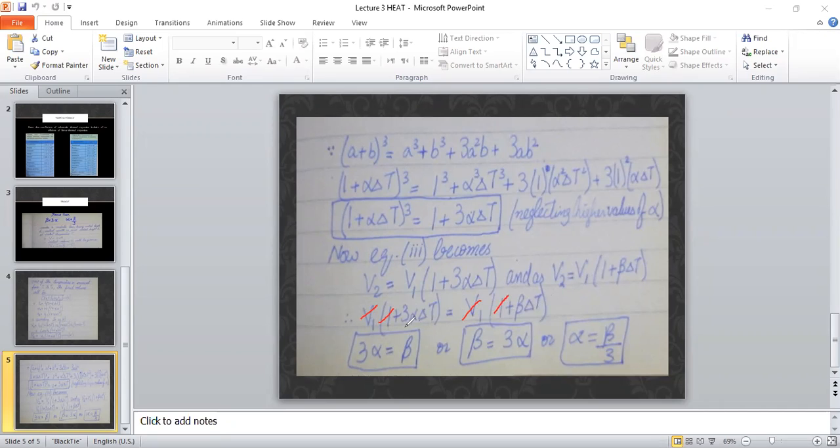Now what remains here? 3 alpha delta T and beta delta T. We would cancel delta T and delta T, right? If we solve by the common algebraic methods, you will find it yourself if you are not understanding it right now. And so what remains here? 3 alpha equals beta, which is beta equals 3 alpha, or alpha equals beta over 3.